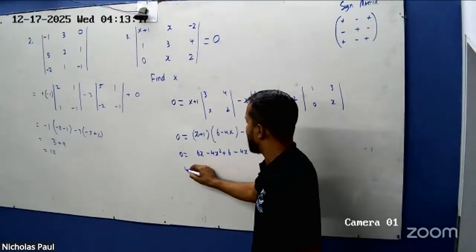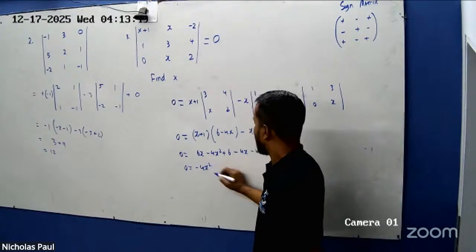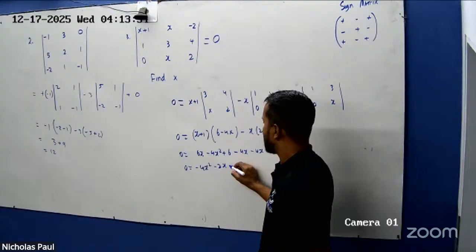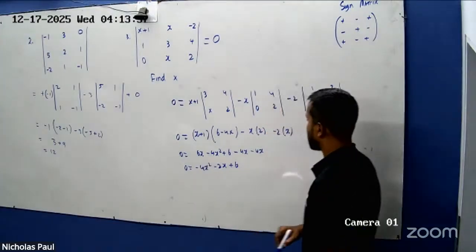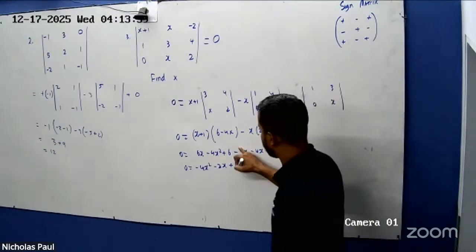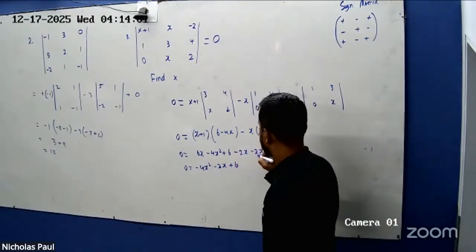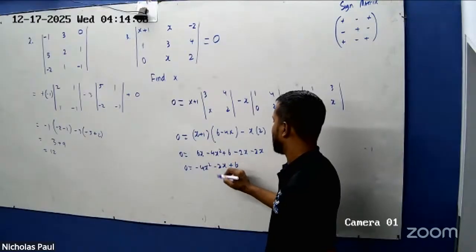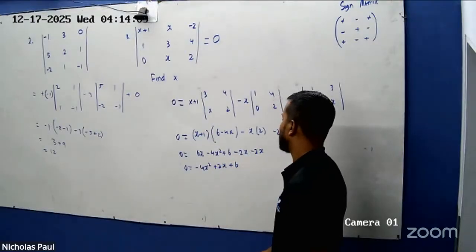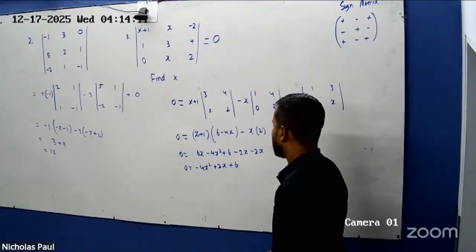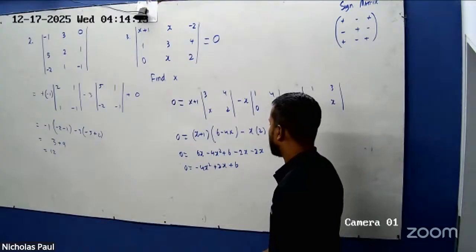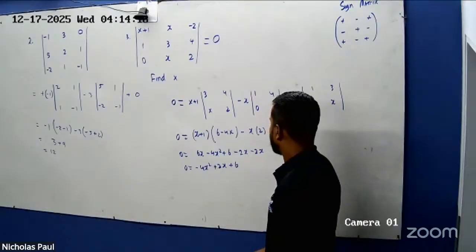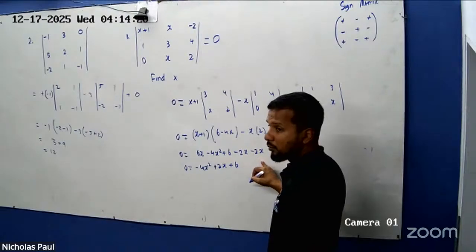So I got minus 4x squared minus 2x plus 2. Minus 2x.